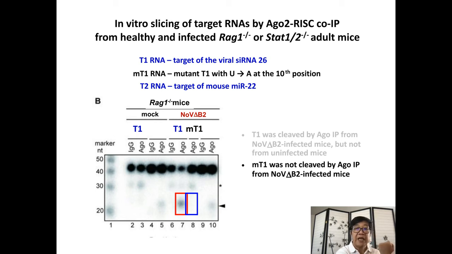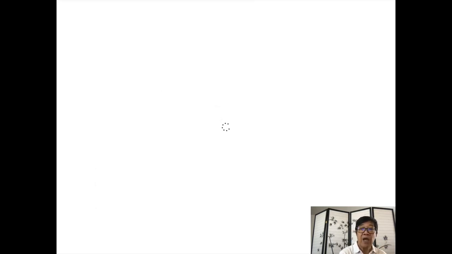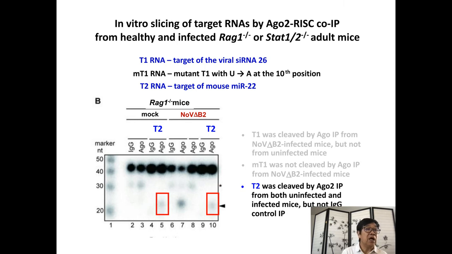So this indicates that the cleavage was highly specific and induced by infection with the delta B2 mutant virus.